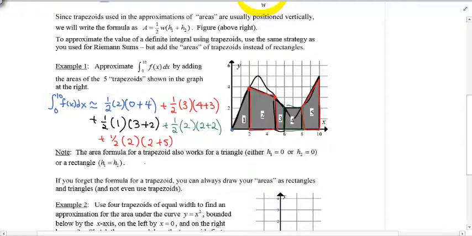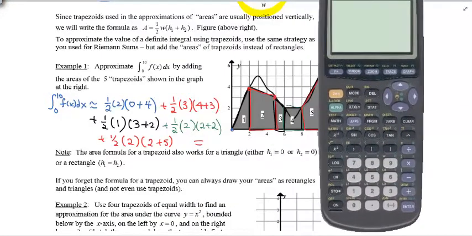You can go ahead and simplify and calculate if you wish. I'll bring out my trusty calculator. Half, 0.5 times 2, that's just times 4, plus 3 over 2 times 7, plus 0.5 times 5, plus 1 times 4, plus 1 times 7.